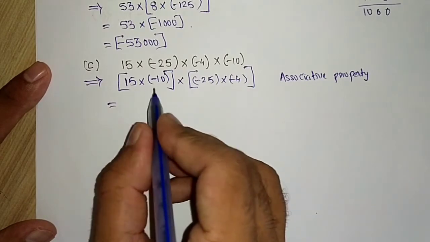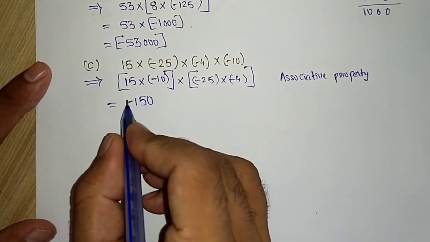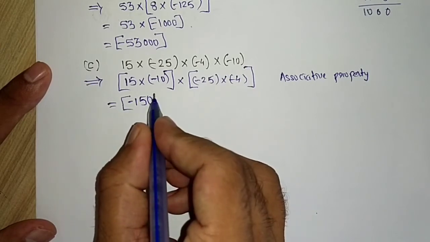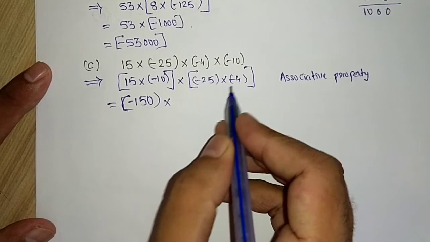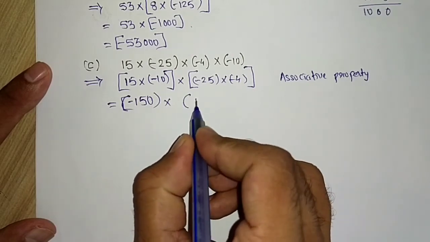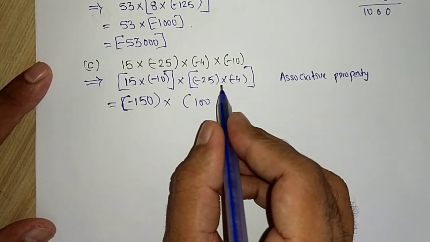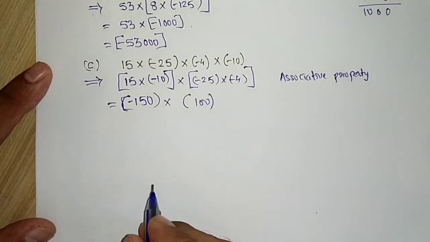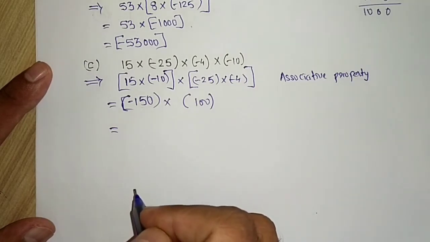Now multiply 15 into 10, very easy, minus 150, because it is 15 into minus 10. And 25 fours will give me 100, and minus times minus, that is even, so it will become plus 100. Now multiply minus 150 with 100, students.